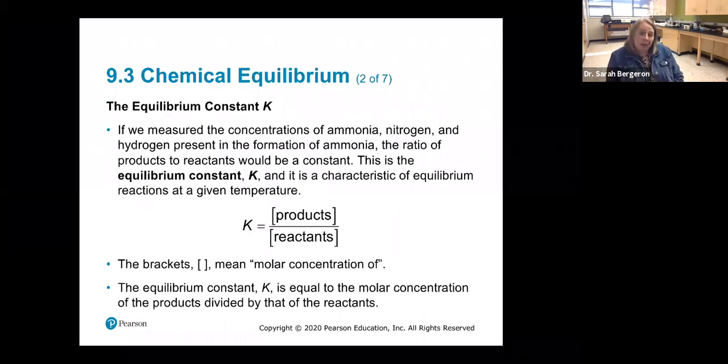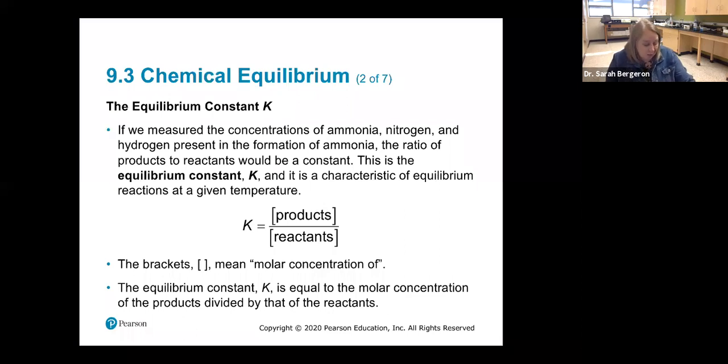So we can measure the concentrations of our reactants and our products. And we can look at the ratio of those concentrations and express them as an equilibrium constant. And we use the capital K to represent this constant. And that is, the letter K is equal to concentration of products over concentration of reactants.